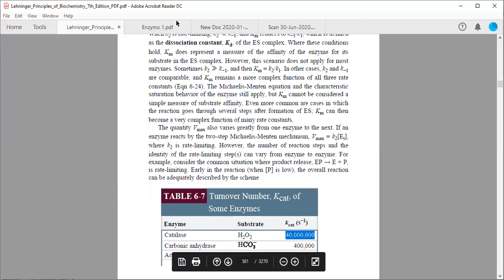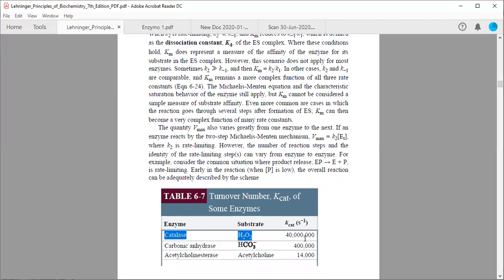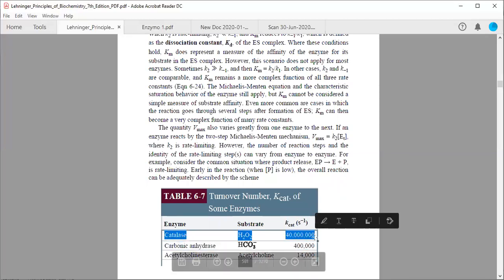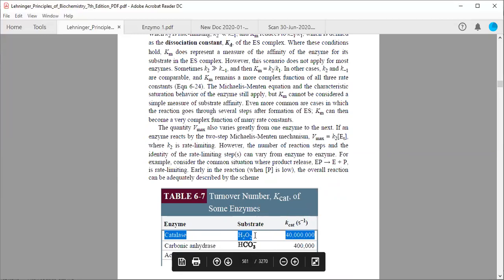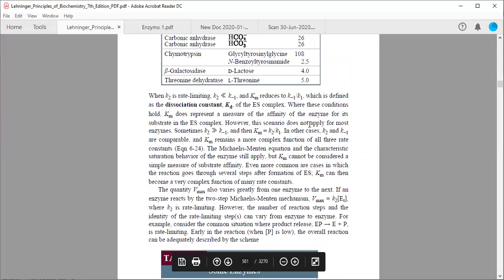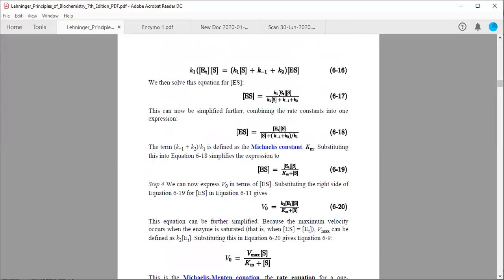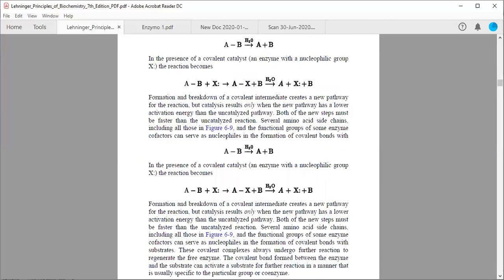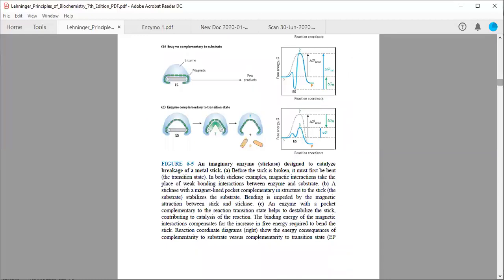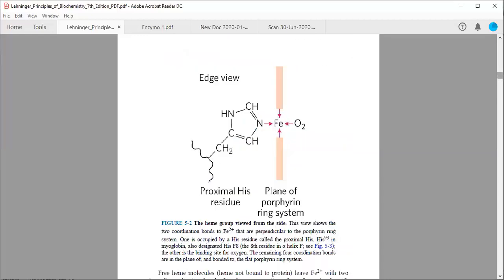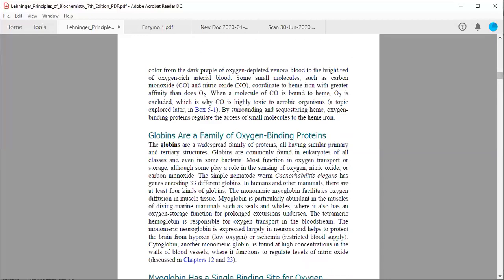You should remember this particular enzyme because it has the maximum kcat value or turnover number per second. It is able to convert so many molecules of substrate into the product. And the second question is about orotidine monophosphate decarboxylase, whose rate enhancement effect over the reaction is very, very high.